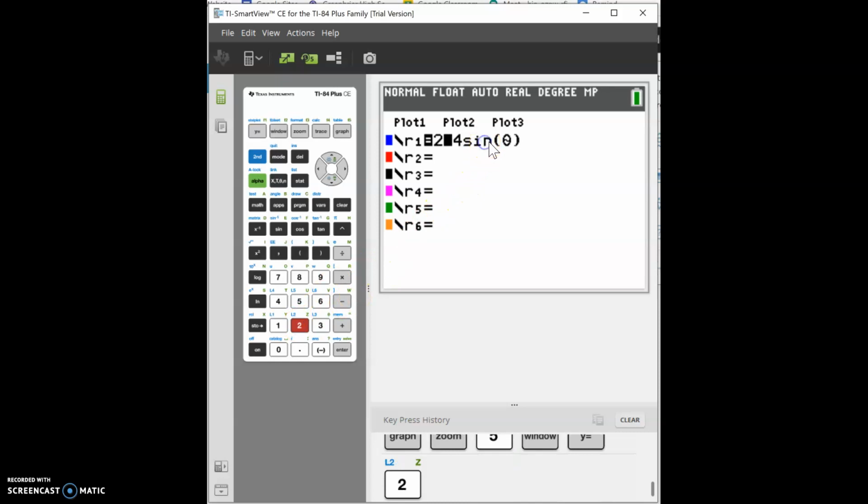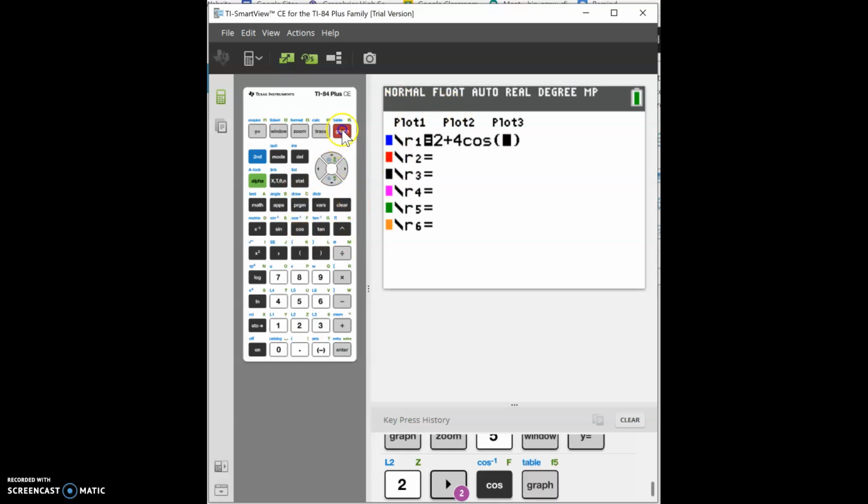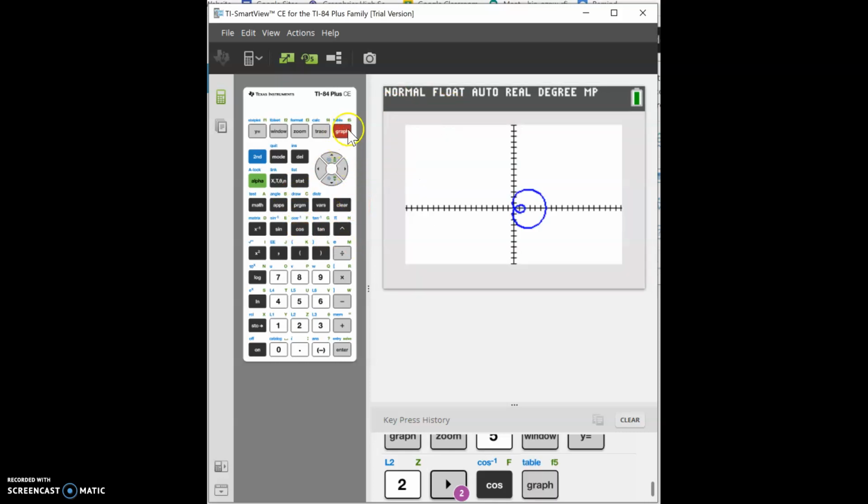We can change the sign. Change the sign to cosine and see if that makes any difference. Hit graph. Aha. And now our cardioid is no longer a cardioid.